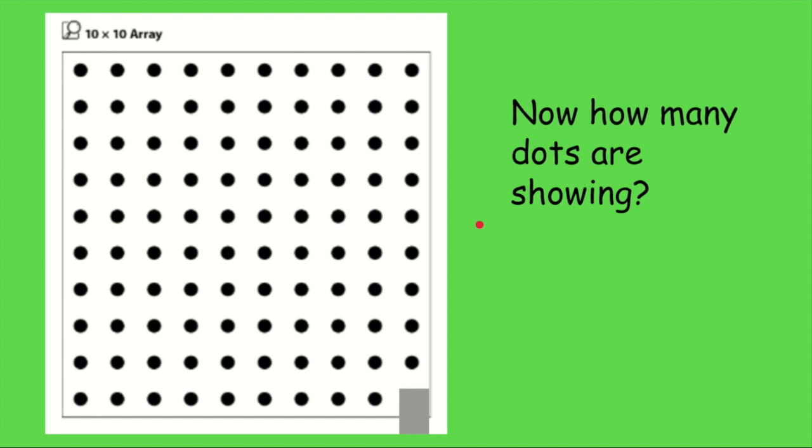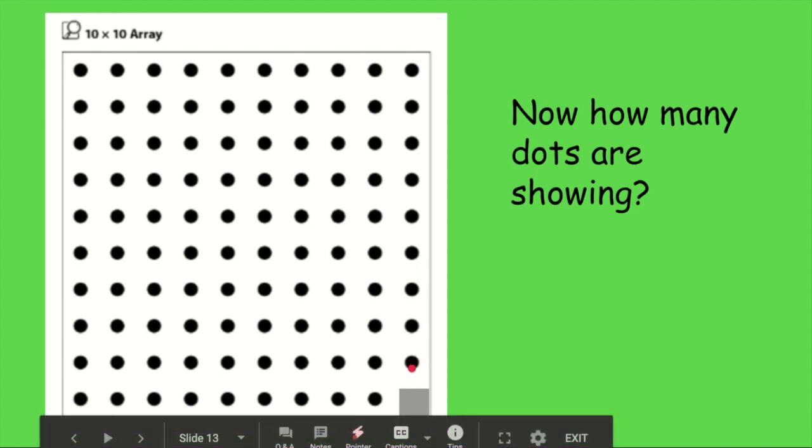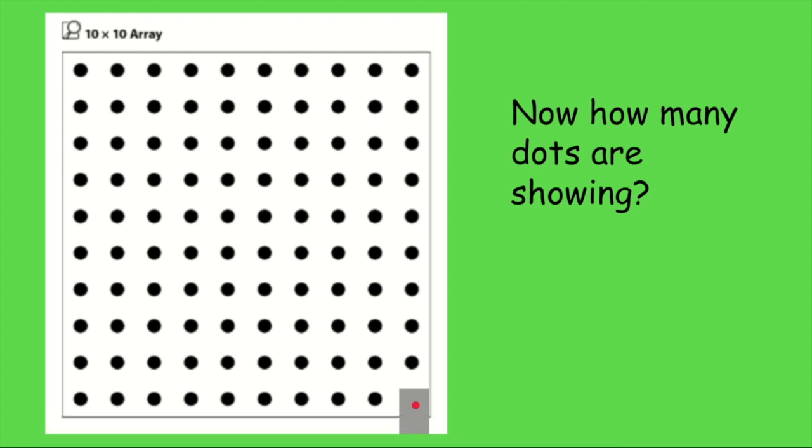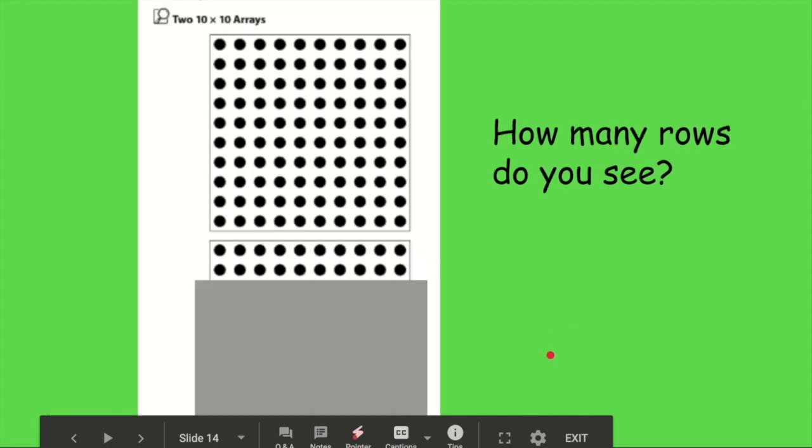If you remembered that there were 100 in the whole chart, 10, 20, 30, 40, 50, 60, 70, 80, 90, and it would be 100, but I'm covering up 1, so 1 less would be 99. Great job. Ooh, now it's more difficult.